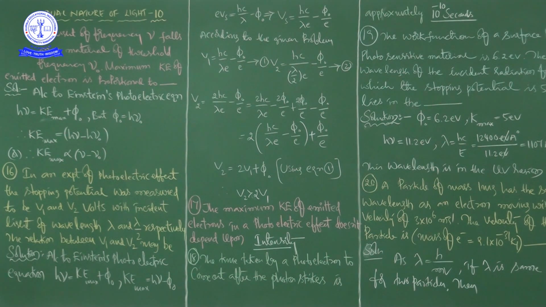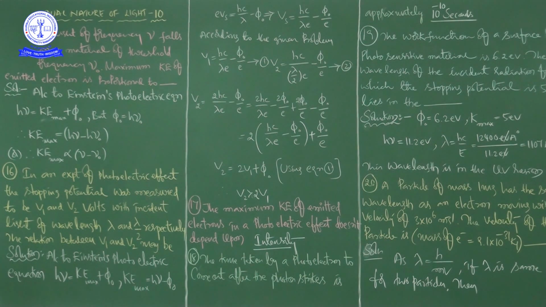H is the Planck's constant. When we are talking about dependency and independency of physical quantities, we don't bother about constants, because a constant's value does not change with time and place.